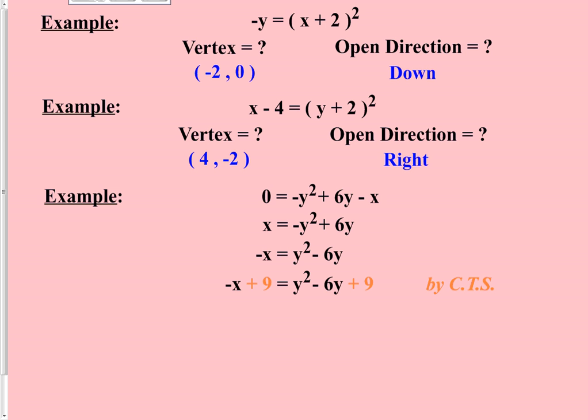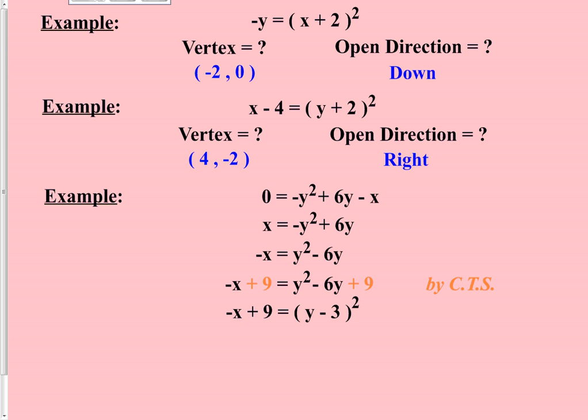By finishing off the binomial, factoring the trinomial on the right side, we're going to end up with y minus 3 squared. And the only other thing to consider is this negative x. Remember what happens when that variable is negative. It not only influences the x, it also influences the h.